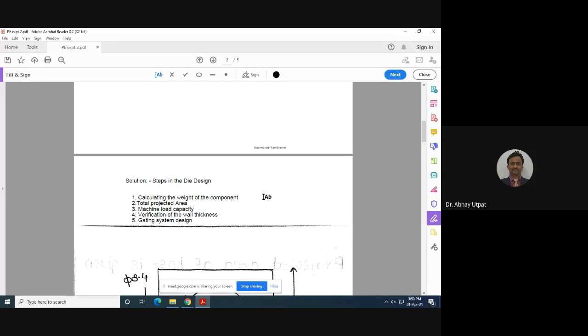You have freedom. At a time, how many components can you manufacture? Somebody will say, I will manufacture 4 caps at a time by providing a central sprue and runner system. Somebody will say, no, I don't want 4. I will go for 2 caps at a time with a central sprue and runner and gating system. So some assumption is required.